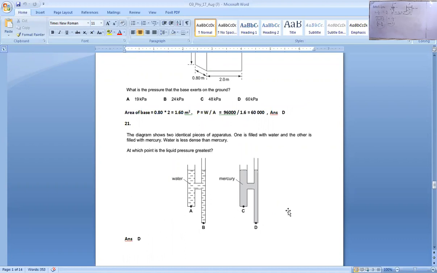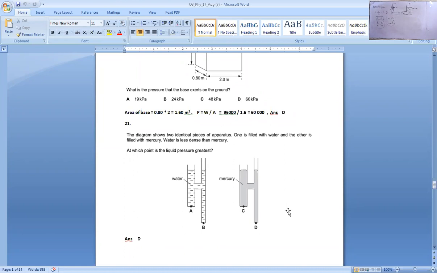Number 21, the diagram shows two identical pieces of apparatus. One is filled with water and other is filled with mercury. Mercury has a greater density, about 11 times more dense. Mercury is more dense than water. At which point is the liquid pressure greater? We know the pressure in liquid depends on two things. One is the density, other is the depth.